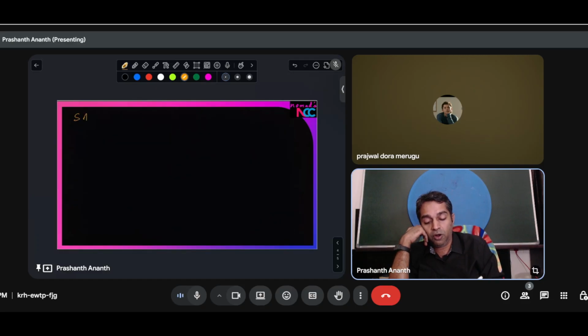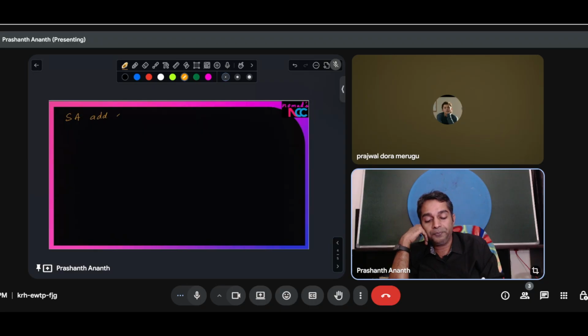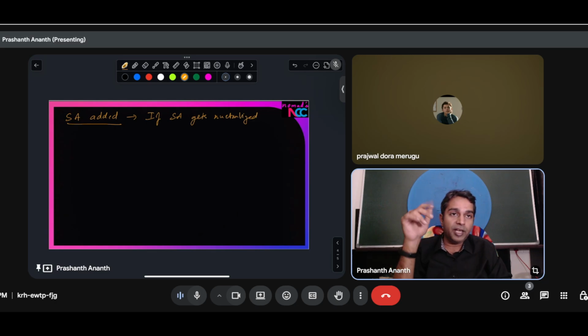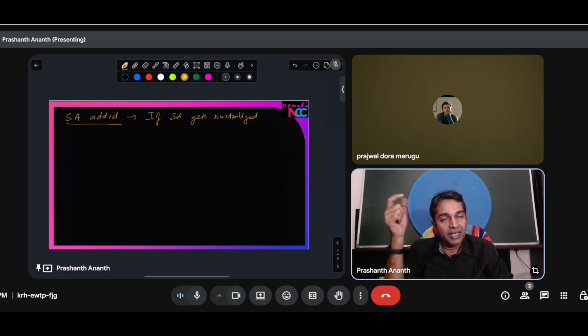If I have a strong acid added, if the strong acid gets neutralized, say for instance, if I had a base present in solution, NaOH present in large excess. In that particular case, I am going to be having a reasonable amount of HCl. As long as I am adding, pH is not going to be changing by much, because the NaOH which is left over will decide the pH.